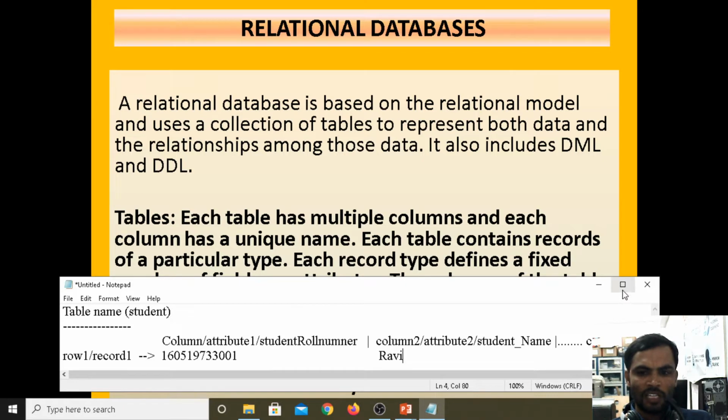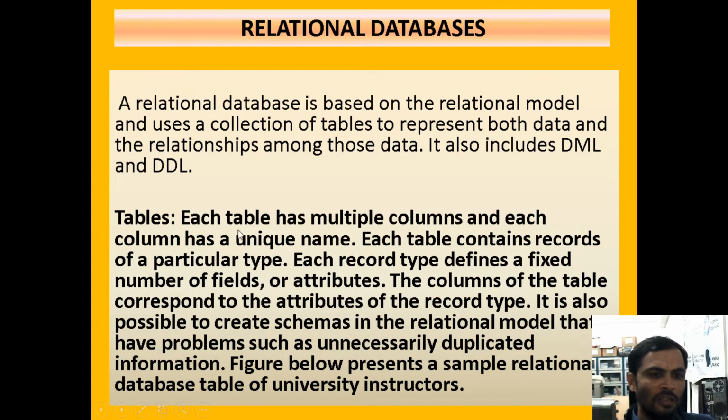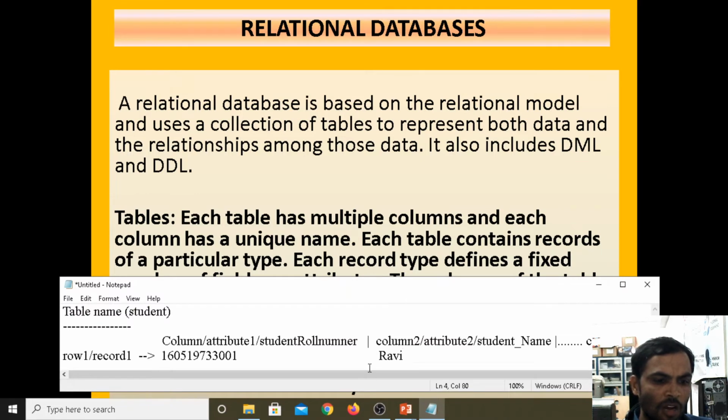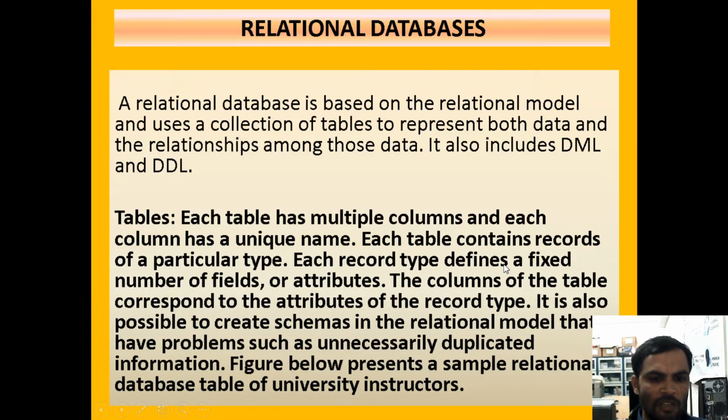Now, for your understanding, each table has multiple columns and each column has a unique name. That means when you declare columns, the column name should be unique. Student roll number, again the student roll number, should not be declared in the table under the relational table. Each table consists of records of a particular type.